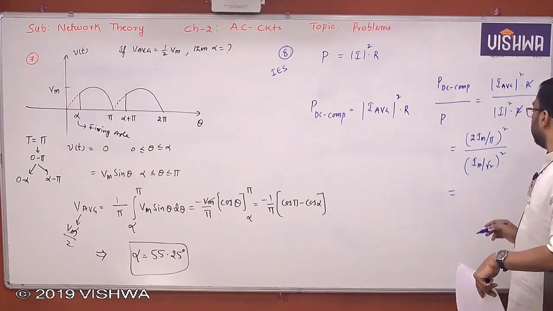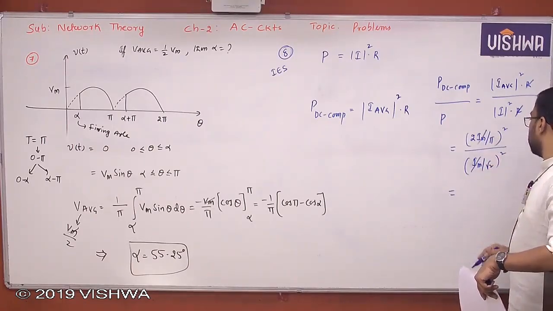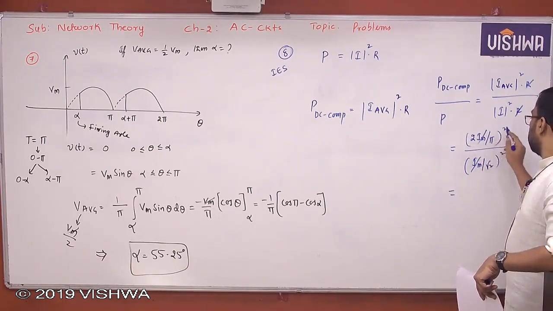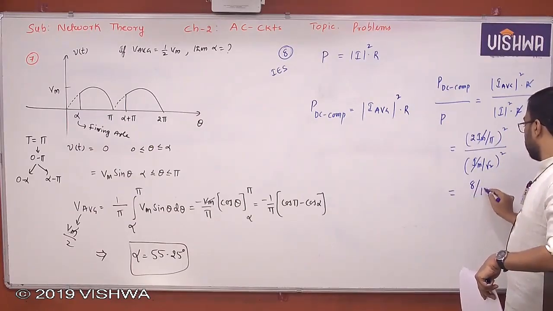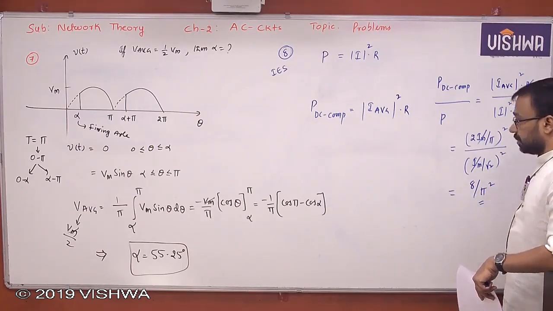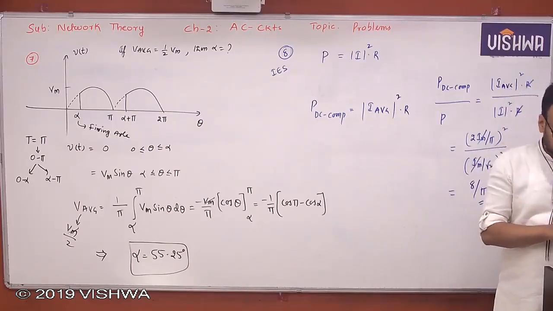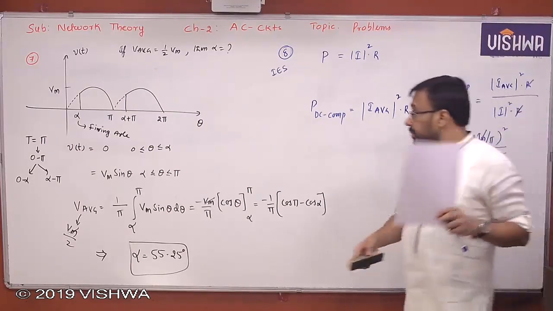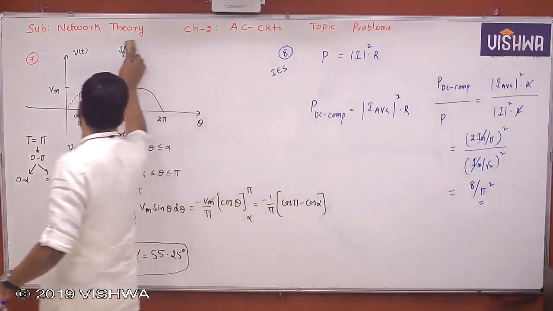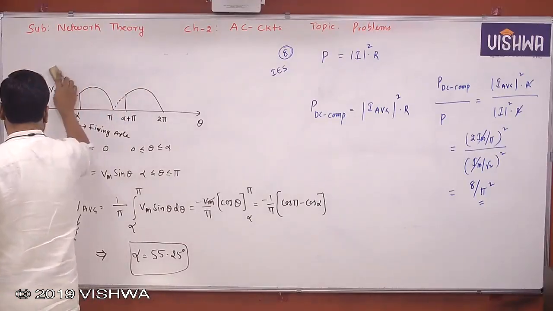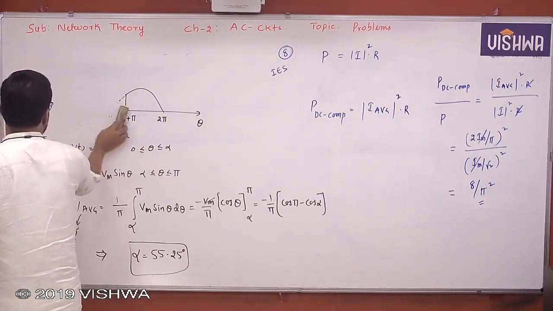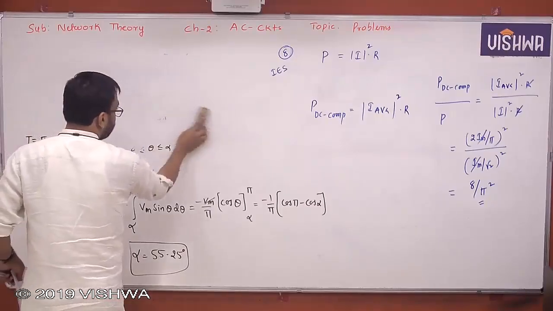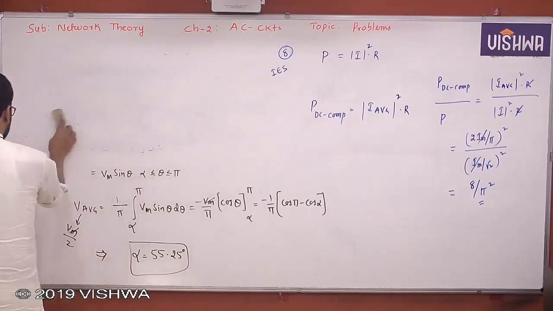Now I max and I max will get cancelled. This is 2 square, that is 4, again into 2, that is 8 by pi square. That's it. Note down that, all of you. We'll see the next problem, the 9th one.